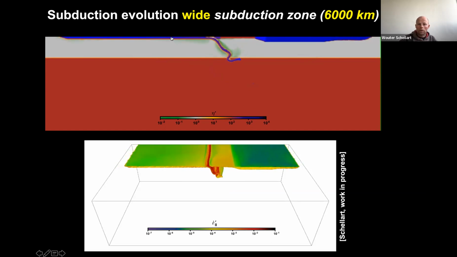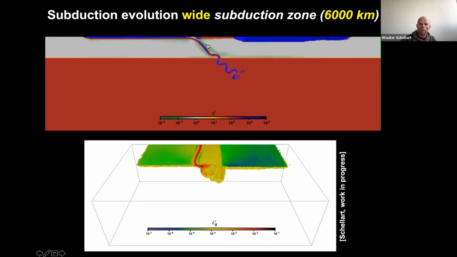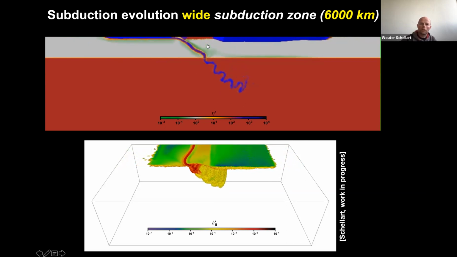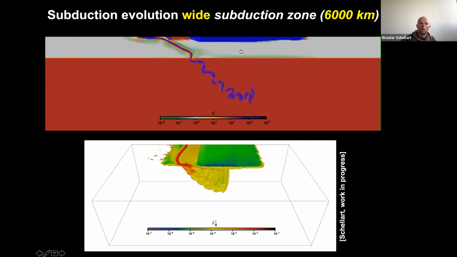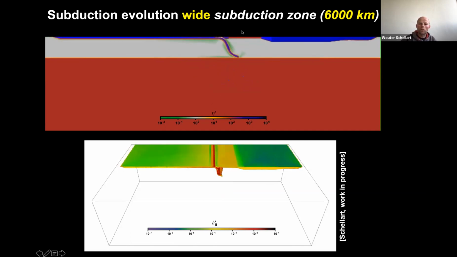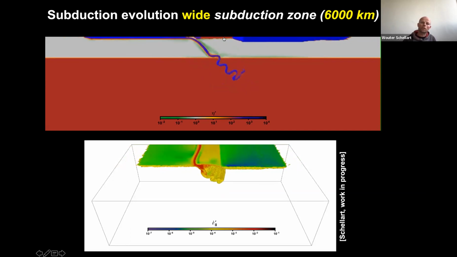What else do we see? Well, we see that the overriding plate here is deforming. Initially, during the initial upper mantle subduction phase, the overriding plate is extending, and only once the slab enters the lower mantle do we see the overriding plate shortening. Here we see, very briefly, the initial phase of back arc extension during upper mantle subduction.